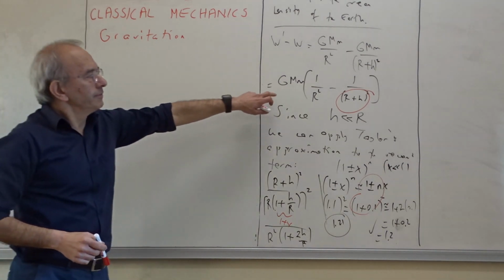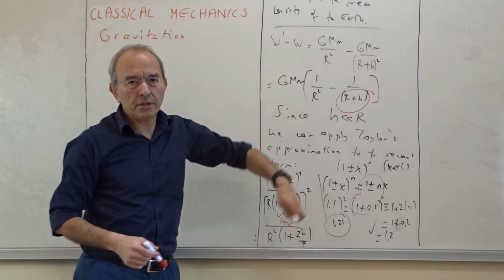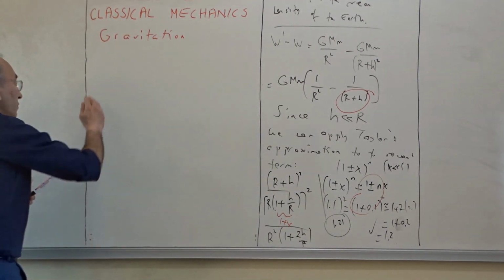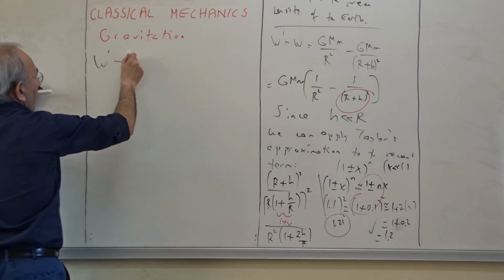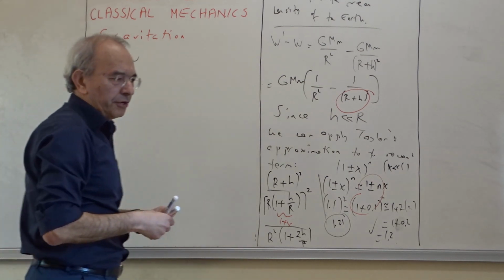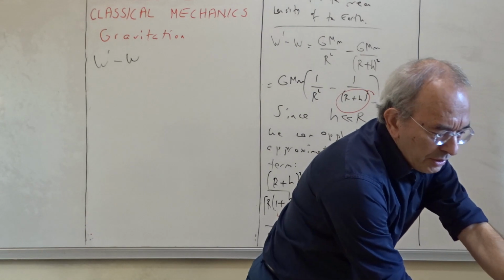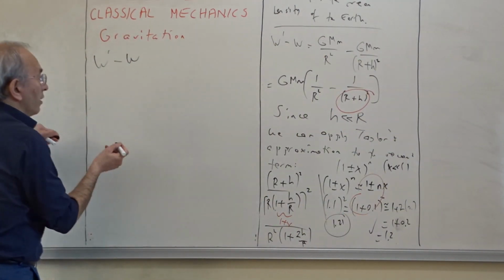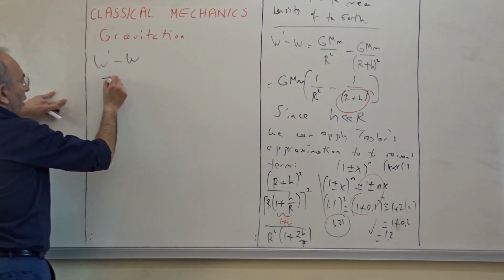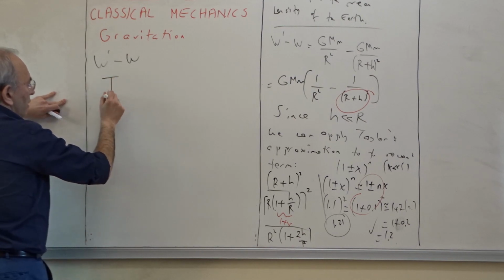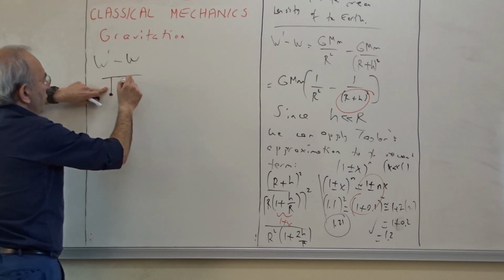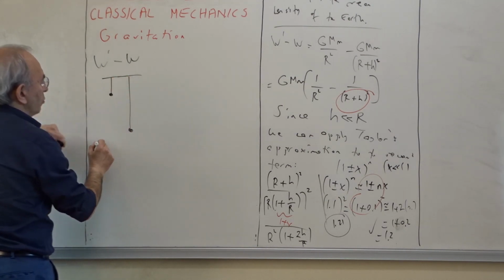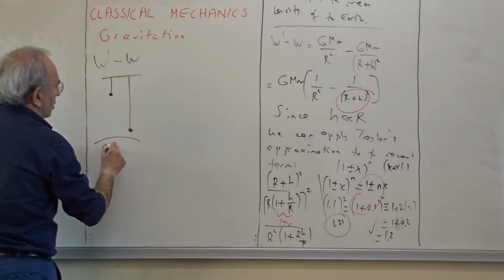We were here, and we will continue by this simple method. So, w prime minus w. Let me keep the figure on the board, so it will be easier to follow. We were considering these objects, one hung by a rope, the other hung by a longer rope. This is the ground.